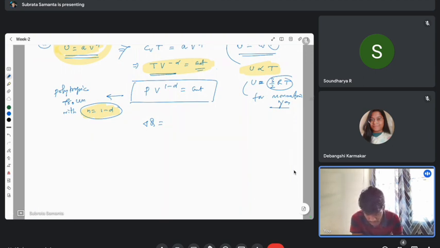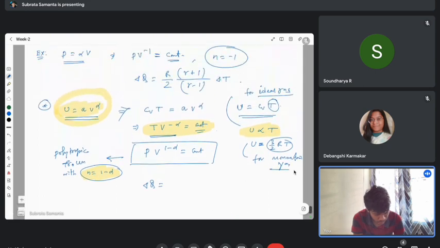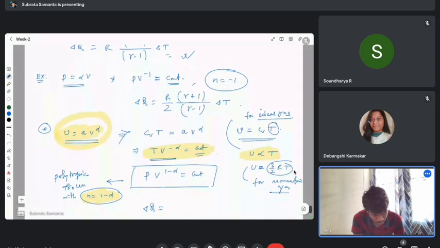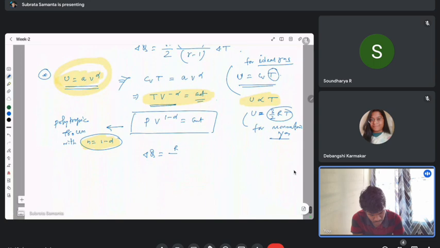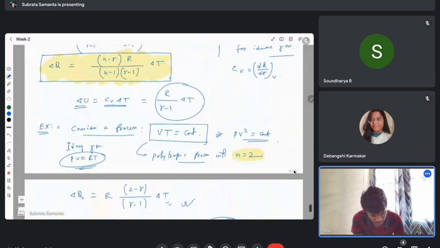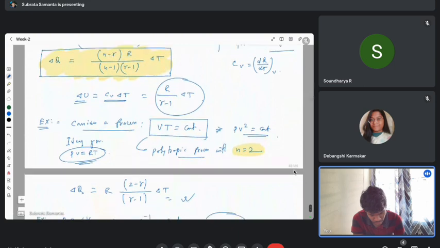So you get that delta Q is R by gamma minus 1 times n minus gamma by n minus 1.